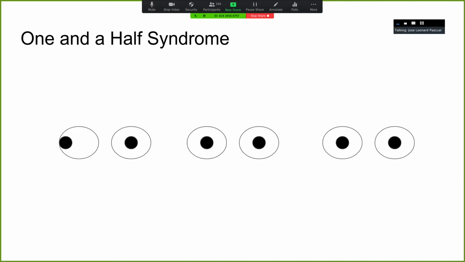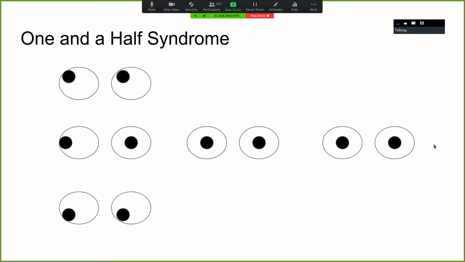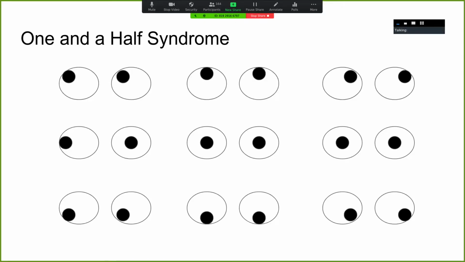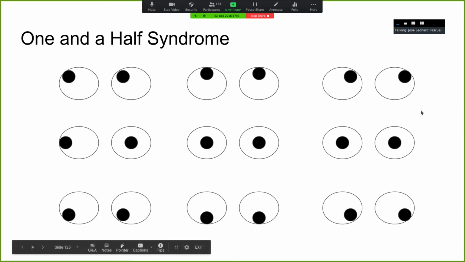Okay, what about the 1.5? We're just illustrating it again here. Gaze to the right, the left eye didn't follow. Nothing happens on gaze to the left. Looking upwards, looking downwards, it's really just horizontal gaze. So that's your 1.5 lesion, because there's nothing wrong with your vertical gaze pathways.